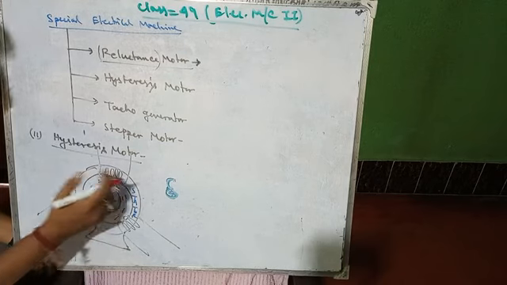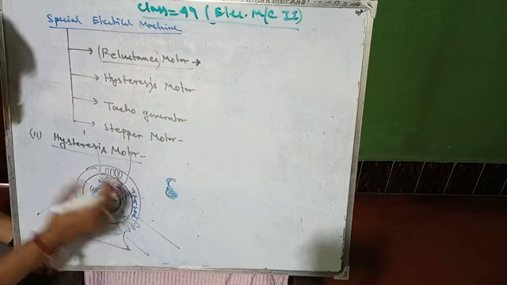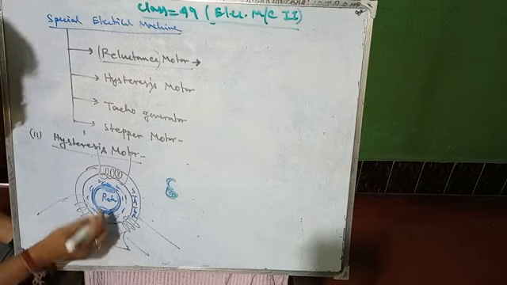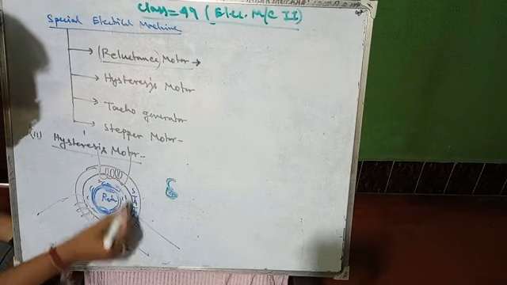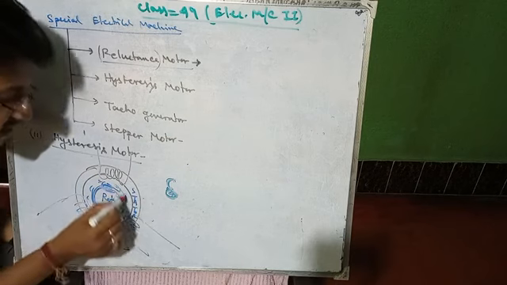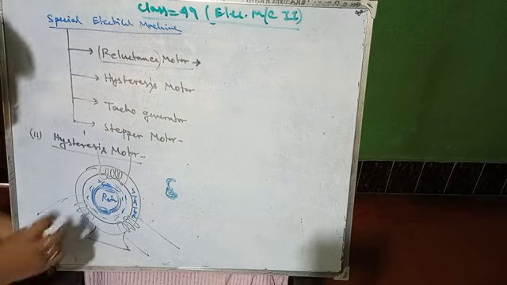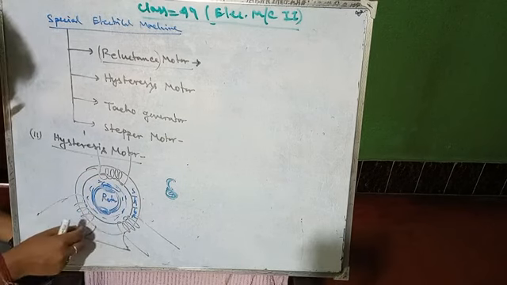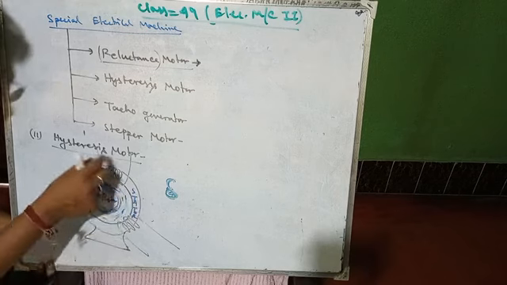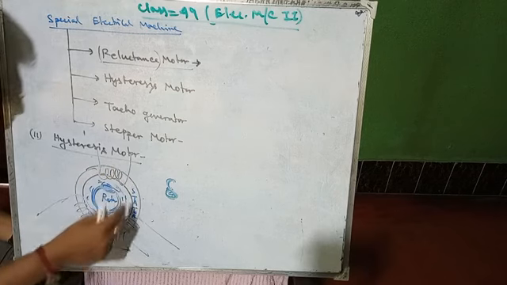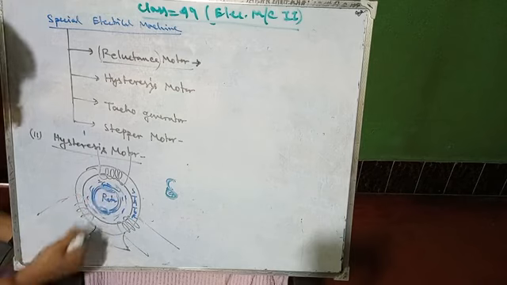Then the rotor will try to chase the rotating magnetic field which rotates inside the air gap, and the rotating magnetic field developed by the stator poles drags the rotor.